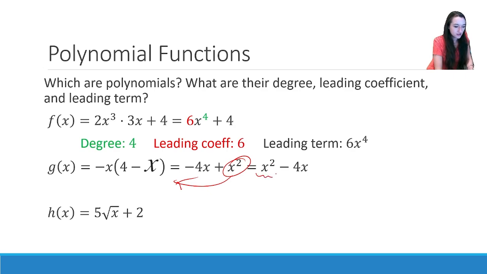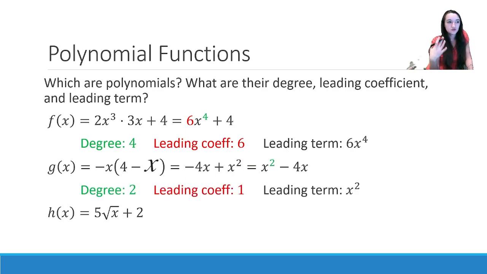Then we have our leading term. The one with the highest power is x squared. So that degree would then be 2, our leading coefficient 1, and our leading term x squared. So even though the original form had the negative 4x first, the leading term is still x squared because we like things to be in numerical order by the powers.